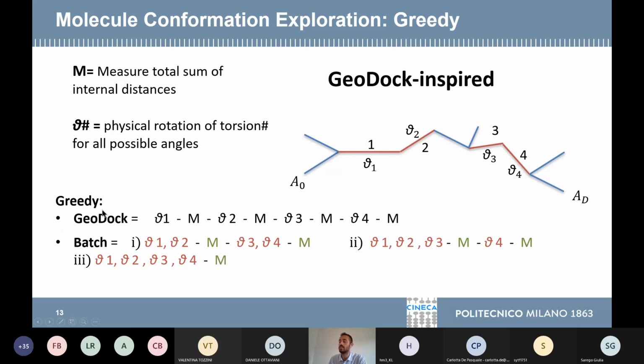It works in this way: it splits the problem into single torsion problems. In a problem like this, where you have 4 torsions, you consider only the first one as rotatable, while all the others are fixed, and you optimize the volume only varying theta 1.